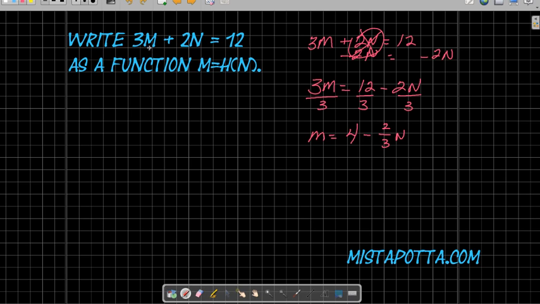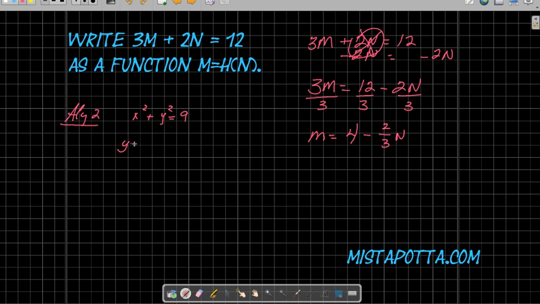So I should be able to take any algebraic expression and try to solve for one variable in terms of the other. Now, notice that this is an easy one to solve because both of these variable terms are linear. But remember that in Algebra 2, we often had things like circles.